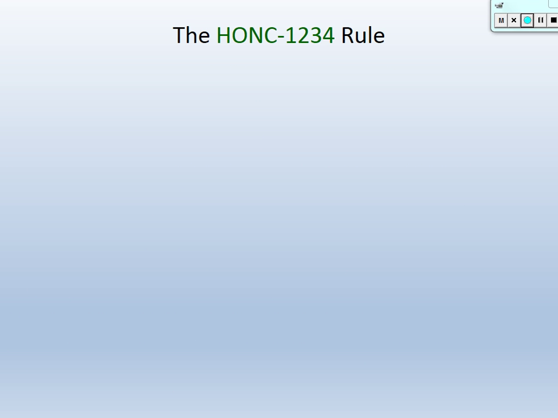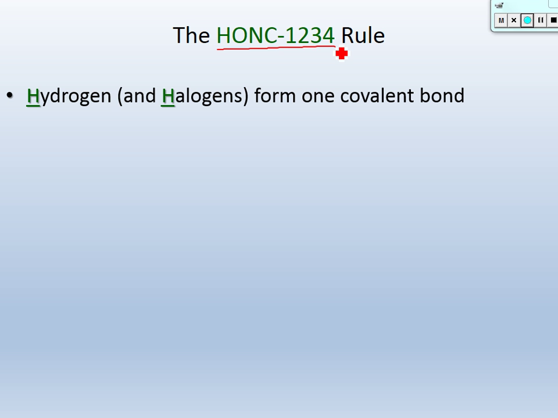Okay, before we start with Lewis structures, there's this rule that's very useful when learning Lewis structures. It's called the HONK. A lot of chemistry textbooks just call it the HONK Rule, but I like to refer to it as the HONK 1, 2, 3, 4 rule. And I'll tell you why here in a second. The H in HONK means hydrogen or halogens, but hydrogen likes to form one covalent bond.